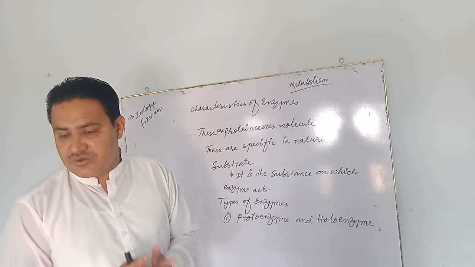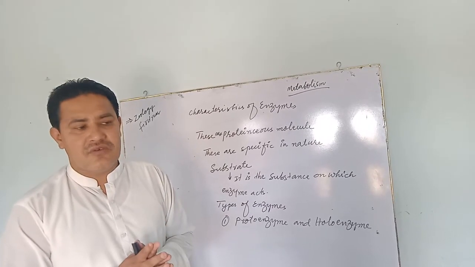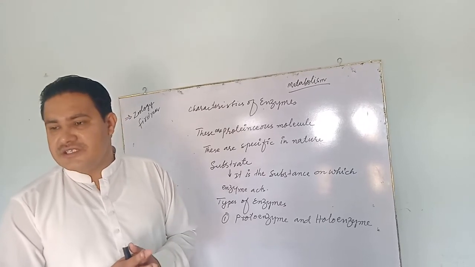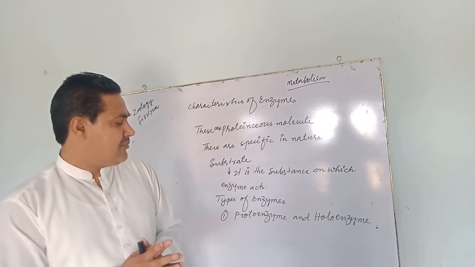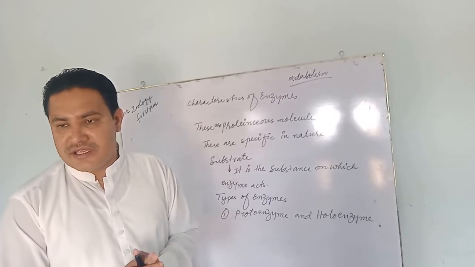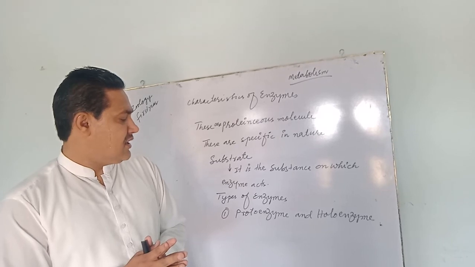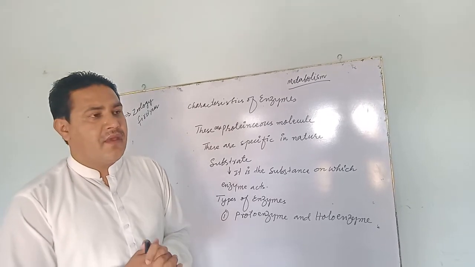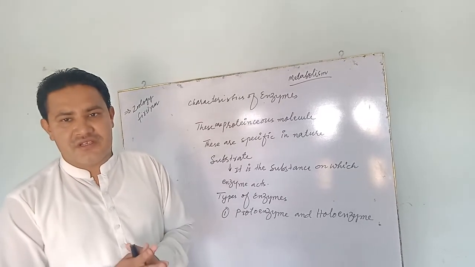The prosthetic group is of two types: one is called organic and the other is called inorganic. So on the basis of the presence of organic and inorganic substances in the enzymes, holoenzyme may be coenzyme as well as cofactor.